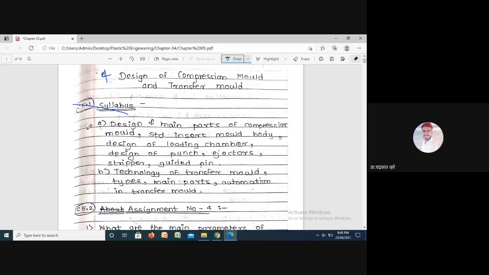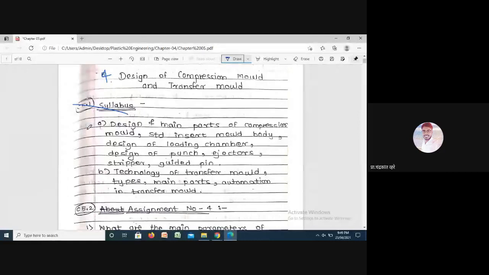Okay, is it completed? Roll number 11, Vinayak. Roll number 12, 20, 21.